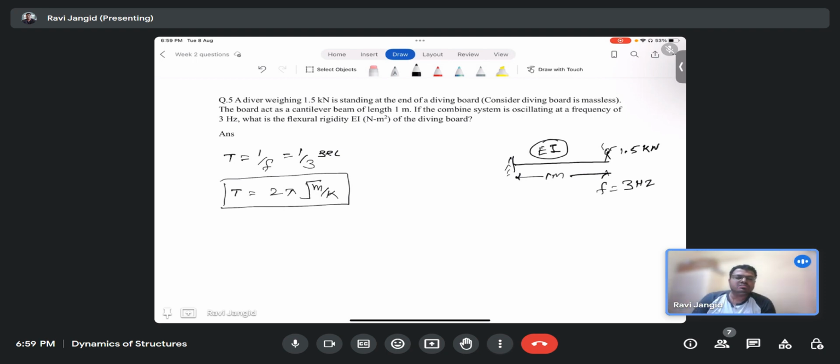What value have you put for the m so that you can find k? Is it 1.5 directly, or are you converting into kilograms? We have to convert it to kg. How much? Someone calculate the k. 673, in what unit?